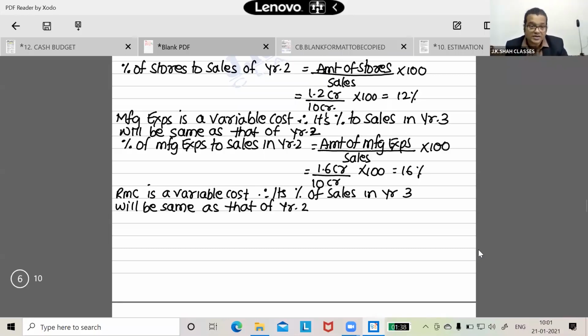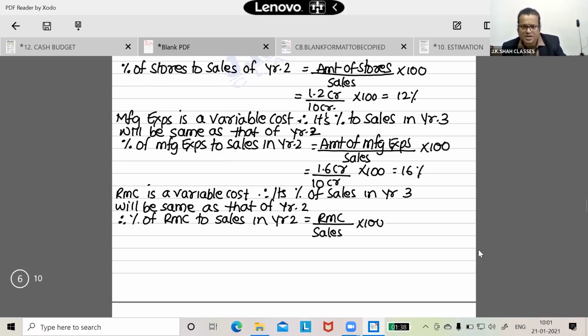So how will we calculate? Therefore, percentage of raw material consumed to sales in year 2 would be raw material consumed upon sales into 100. For sales, it is fine, 10 crore.